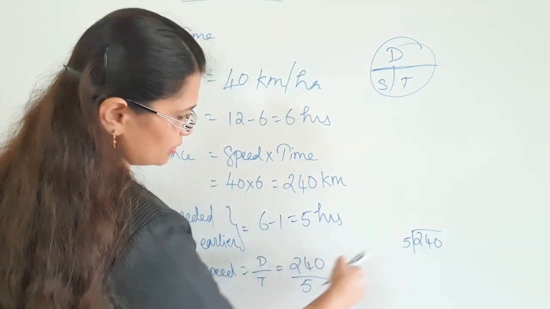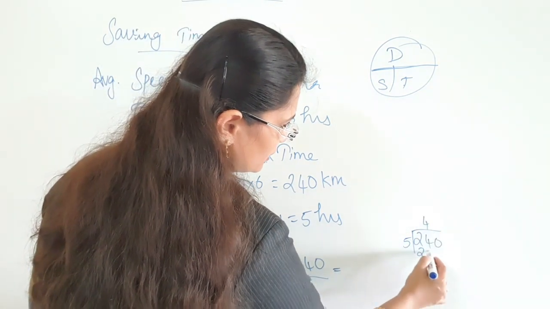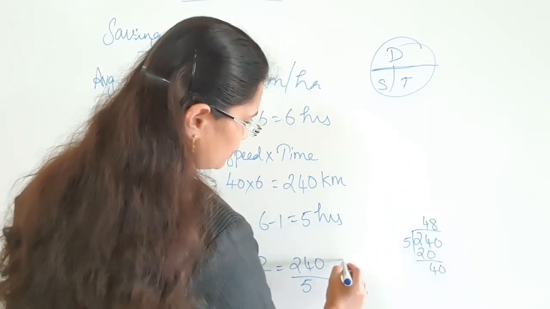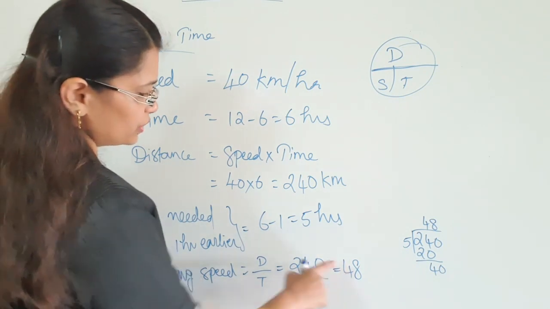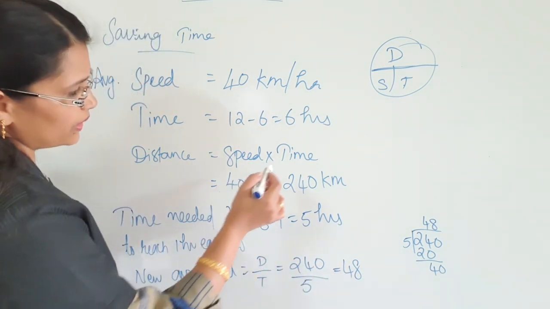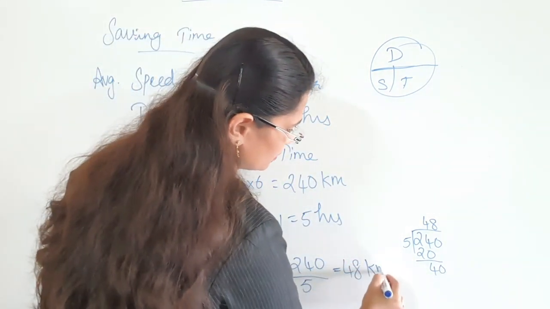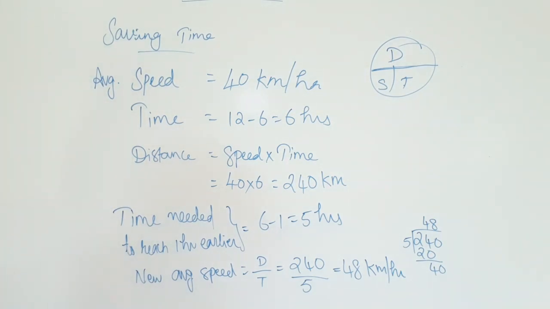Either you can do cancellation method or you can do like this. 5 4s are 20, then 40, 5 8s are 40. So 48. This is speed. So what is the unit of speed? Distance by time means kilometer per hour. So new speed is equal to 48 kilometer per hour.